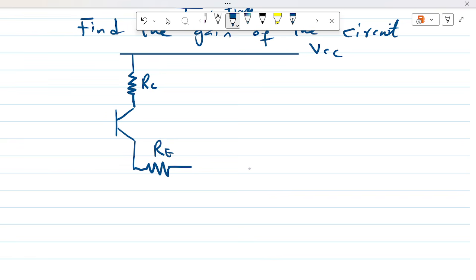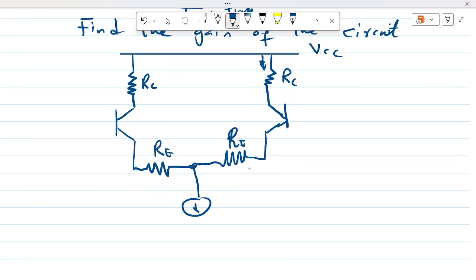So emitter degeneration could also be applied to the differential amplifier, and all the advantages we get from emitter degeneration in the common emitter stage also apply with the differential amplifier, which you are going to see pretty soon. Okay, and our tail current source.